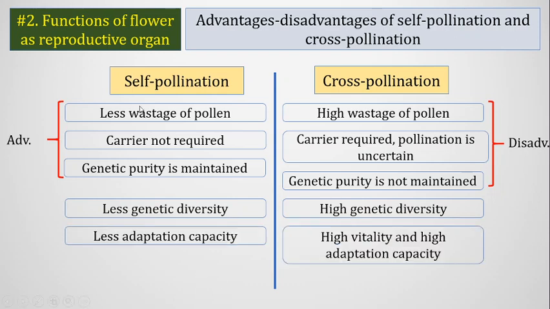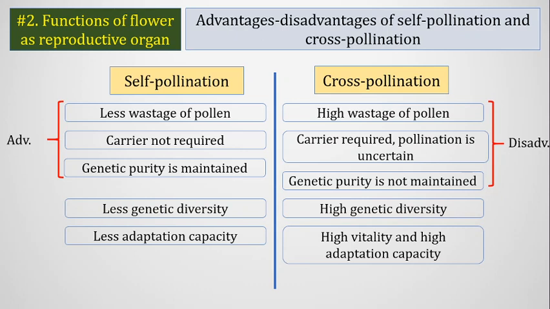As self-pollinated plants have less genetic diversity, they also have less adaptation capacity. So there is a higher chance of becoming extinct in adverse conditions. But in cross-pollinated plants, there is high variety and variation among the offsprings, so they have high adaptation capacity.